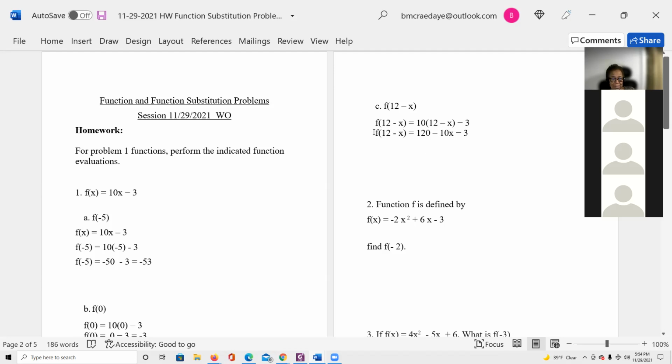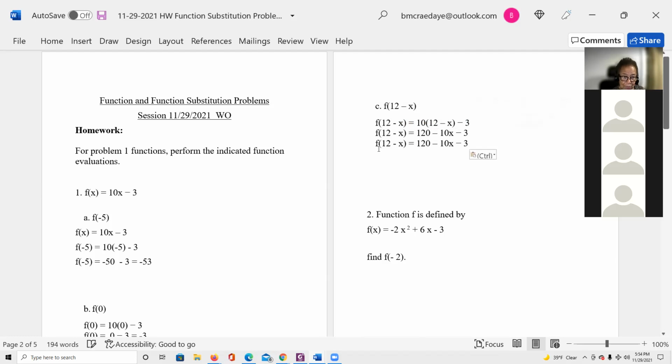Now, what is all that equal to? Okay. Audrey, what is that equal to? You can combine the 120 and the minus 3. And what is 120 minus 3? It's 117.